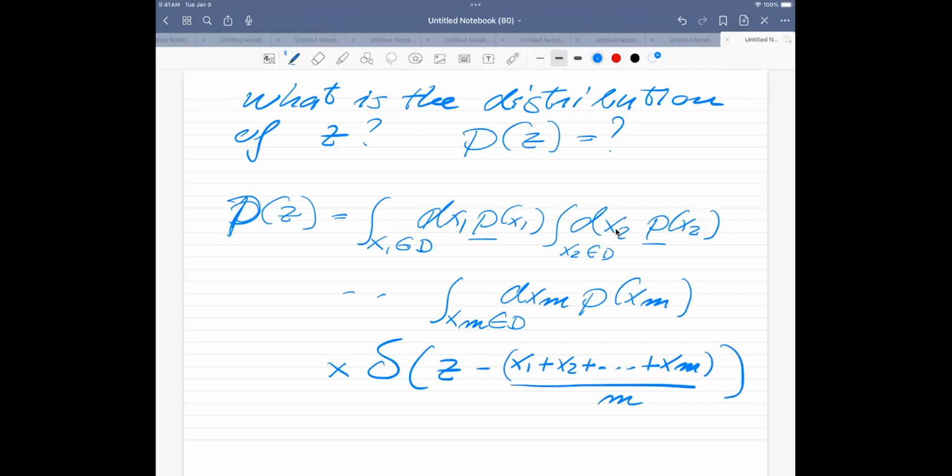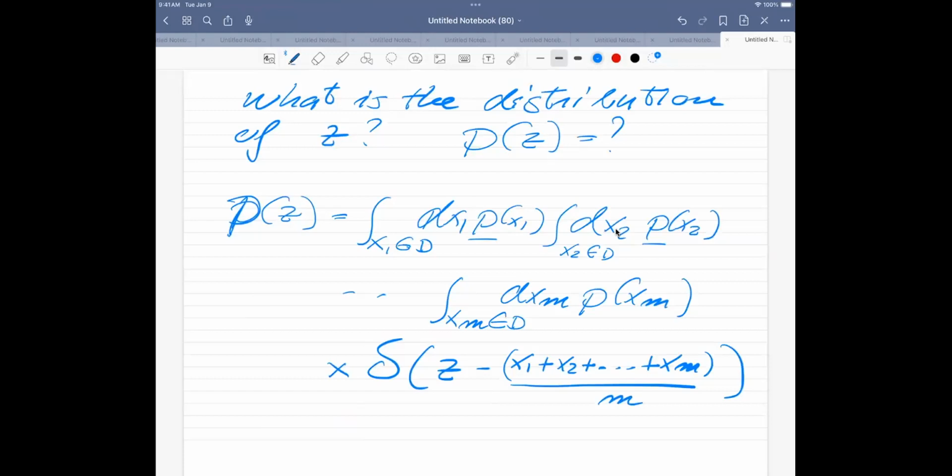So I'm looking at the product of all the individual ones, because if you think of a set of independent events, that would be the product of all the individual probability distributions. But we are having a constraint, and that constraint is that this value z has to be the mean value, the sum over all the x's divided by the number of experiments.